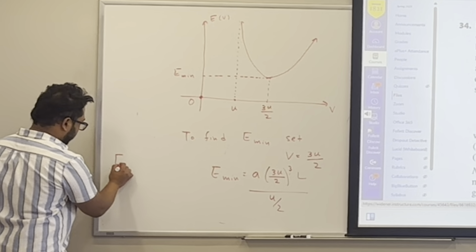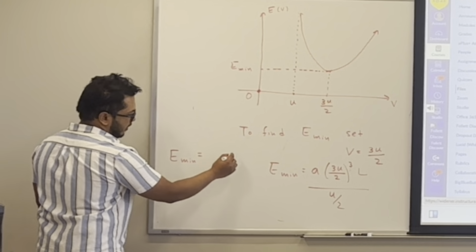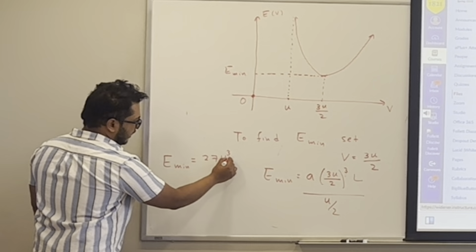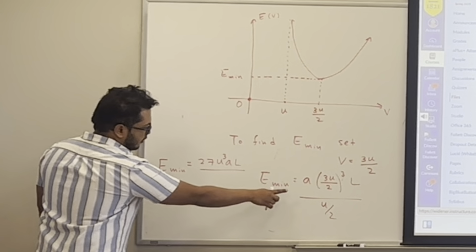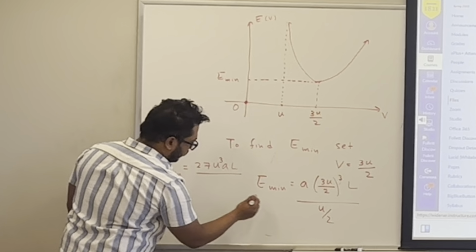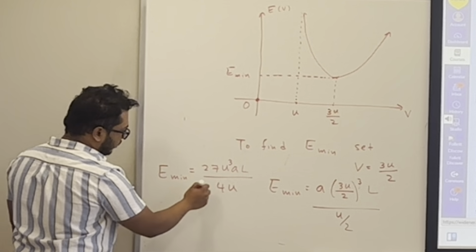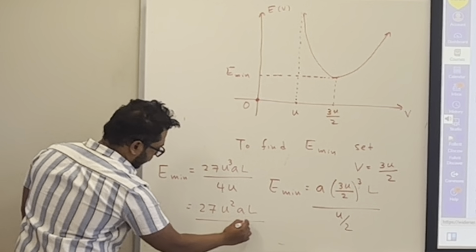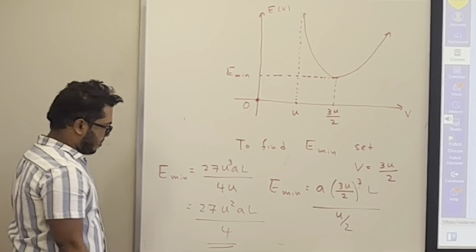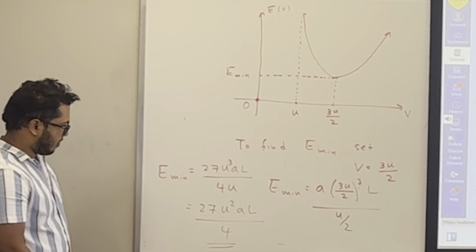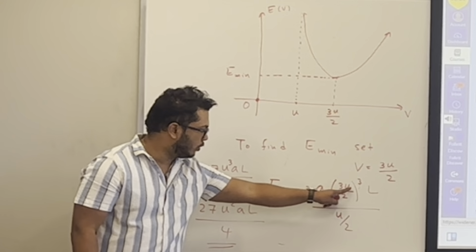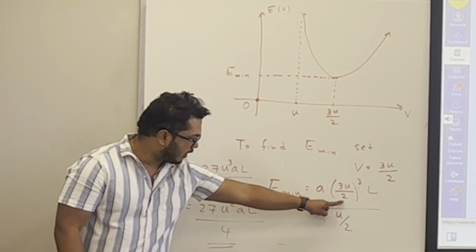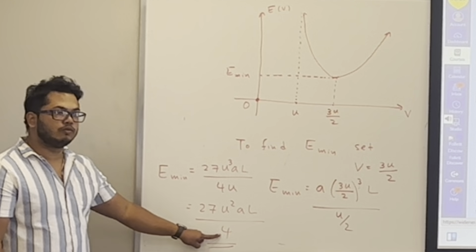So you get E minimum: 27 U cubed AL, the 8 goes down and cancels with the 2, giving 4U. The U cancels with the U cubed, so it's 27 U squared AL over 4.